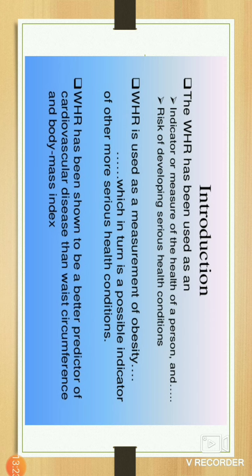WHR has been shown to be a better indicator for cardiovascular diseases than waist circumference and body mass index.